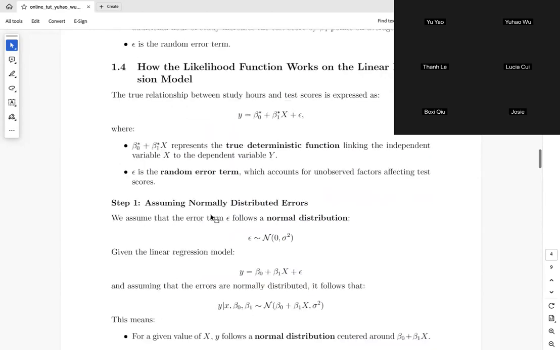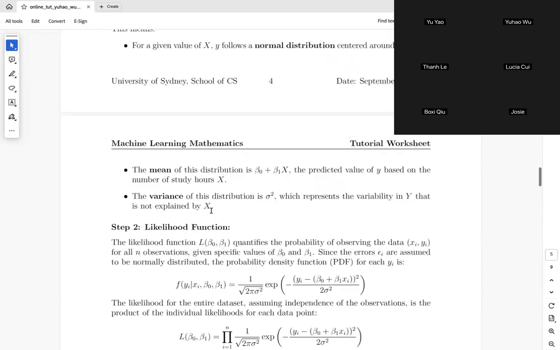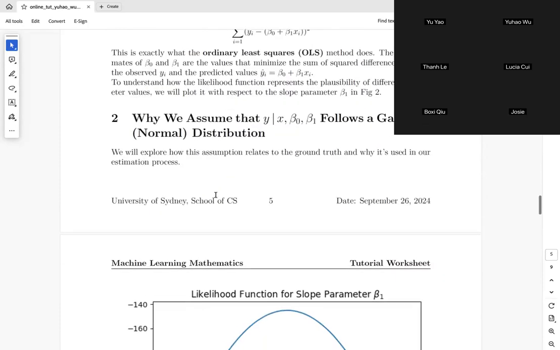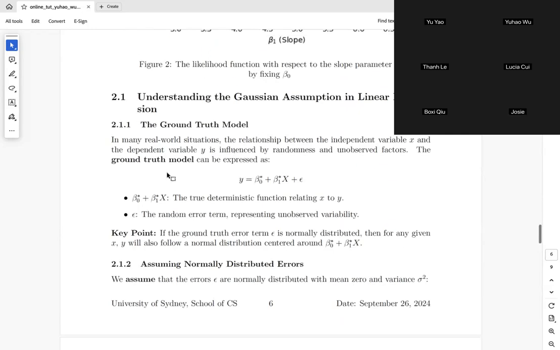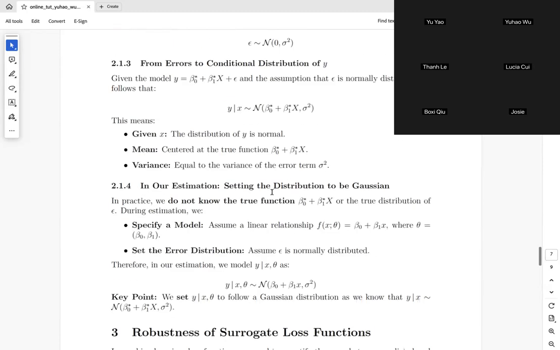And the second point about today's online tutorial is to explain why we assume the y's follow a normal distribution. Because we make the assumption that epsilon follows a Gaussian distribution, we assume the y's also come from a normal distribution. Because in the ground truth scenario, these things happen, so we can make this assumption.